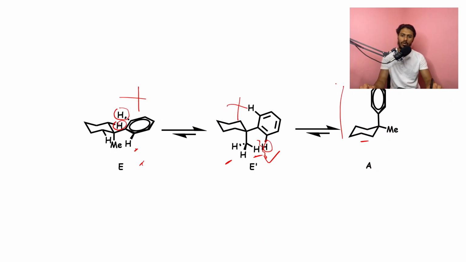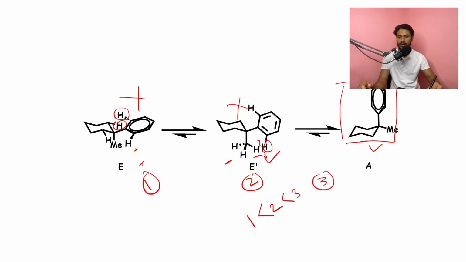So we have only one choice: we have to place the phenyl group in the axial position, and this is actually the most stable conformation. If we compare the population, if this is 1, this is 2, and this is 3, then 3 will be the most stable and most populated.